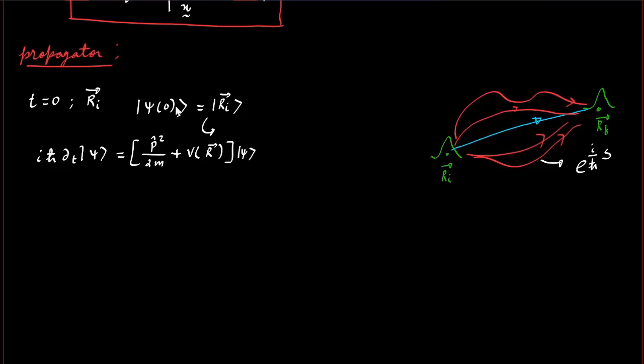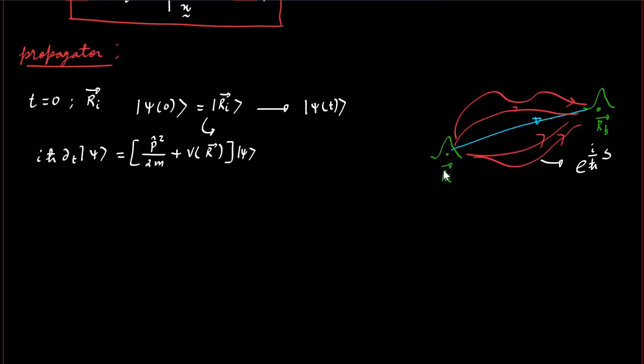That is, we have this initial state, and we want to find out the evolution of the final state after some time t. The evolution of this state, or of this wave packet, means the spreading of the wave packet in space. So initially we have a wave packet, and with time this wave packet spreads all over this place.